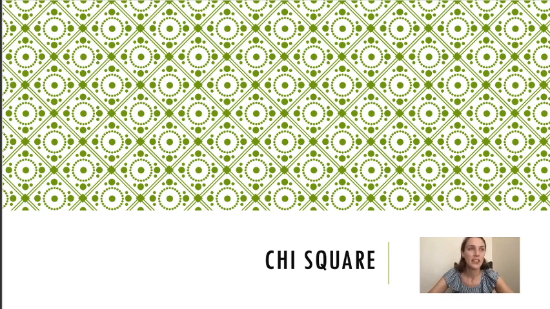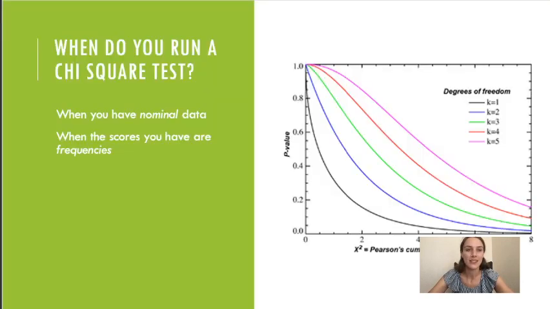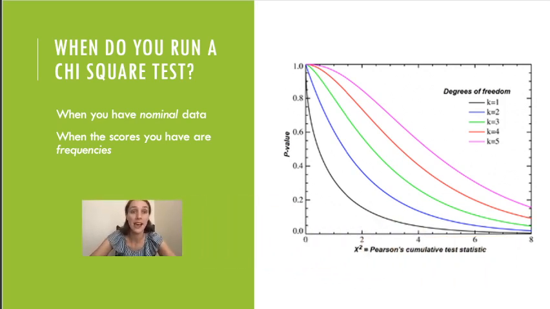All right, then we have the chi-squared test. Chi-squared looks at frequencies. All right, so we look at nominal data and how frequently we have scores occurring in our different categories. So a chi-squared test looks at frequency.